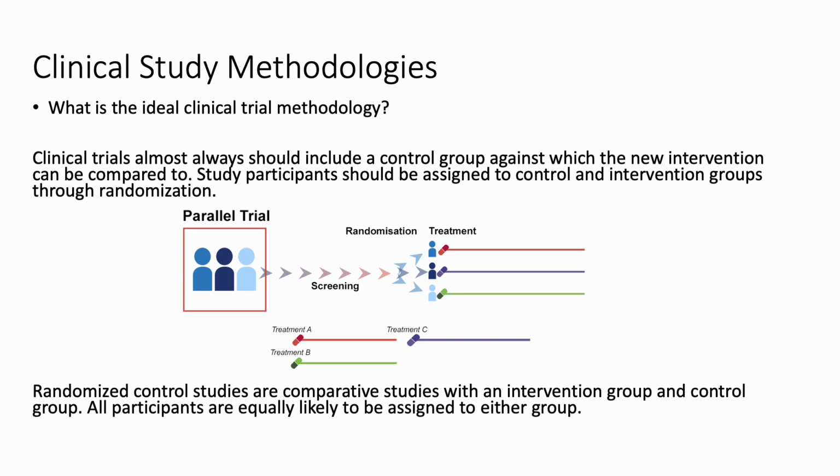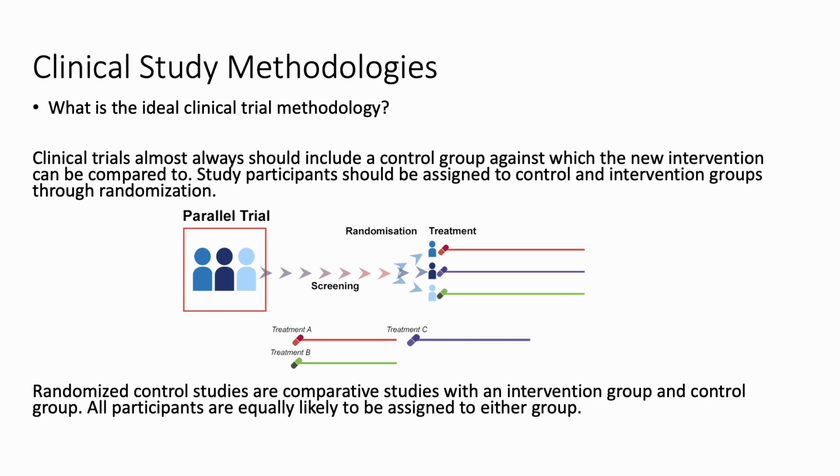So patients usually are screened, then randomized, distributed by chance into groups, and then they are going to be exposed to a drug, to another treatment, different dose, or a placebo. And when we talk about randomized controls, randomized control studies are comparative studies with an intervention group and control group.